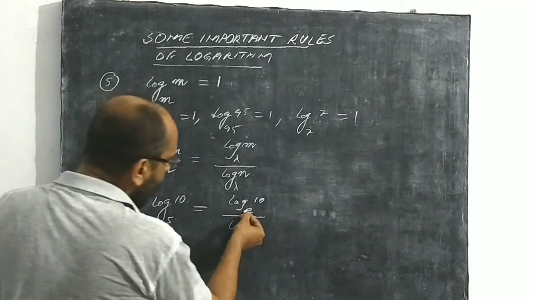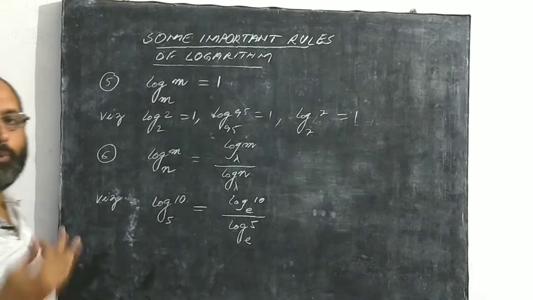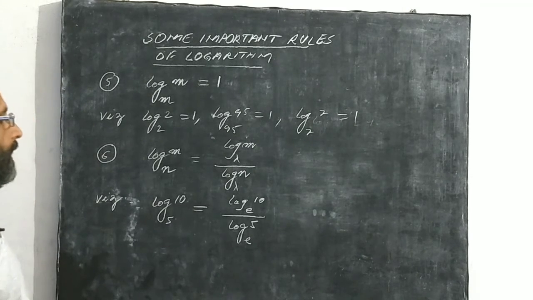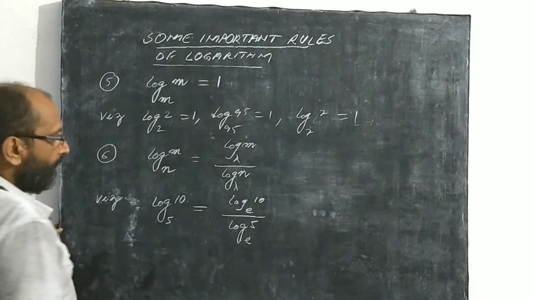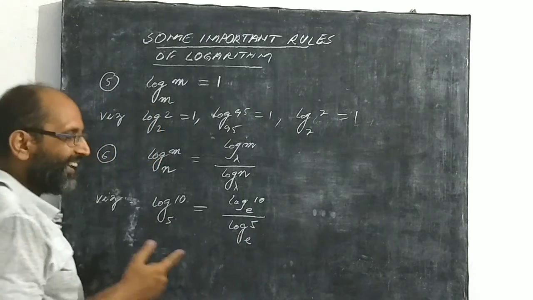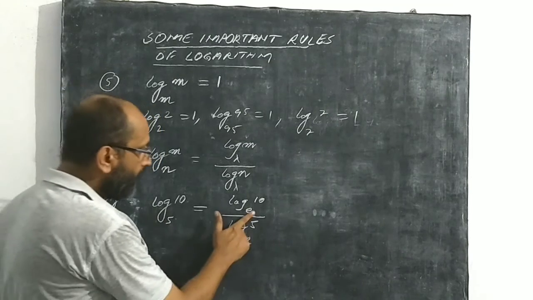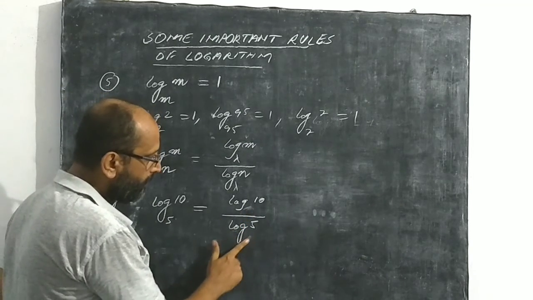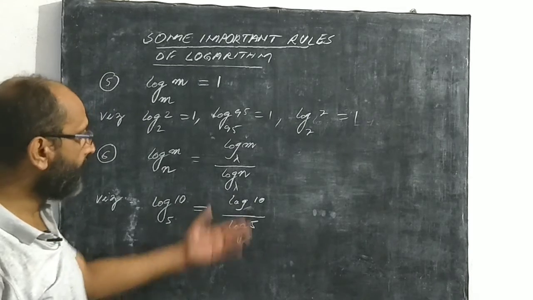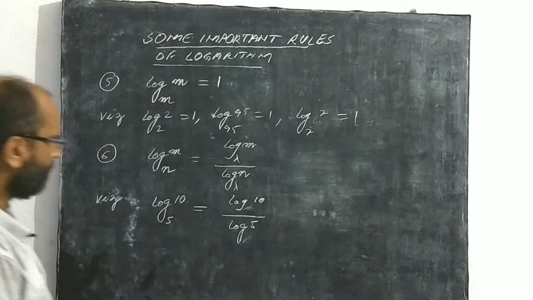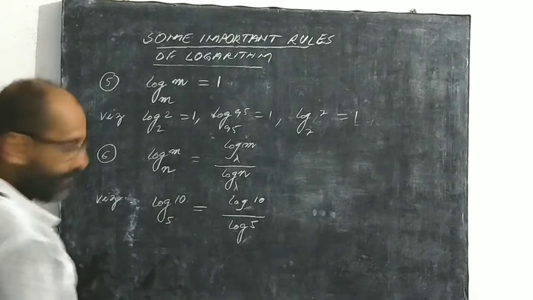You may take any base, whatever is required. If there is no need of taking any specific base, you may keep it blank. It means any base may be taken in this form. So this is the sixth law.